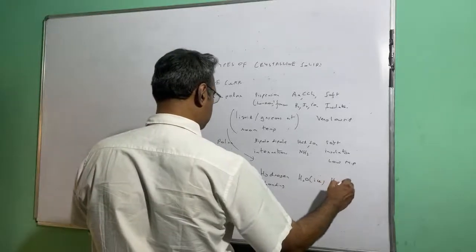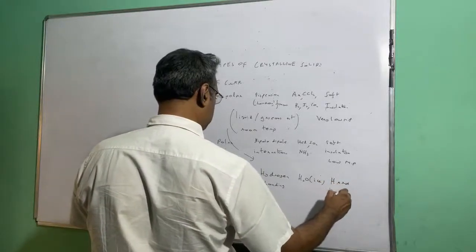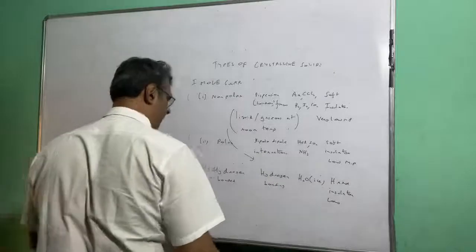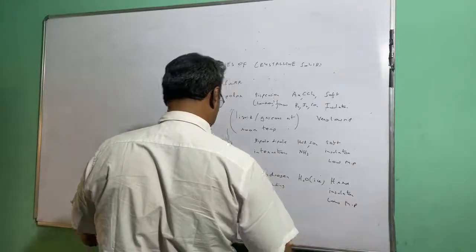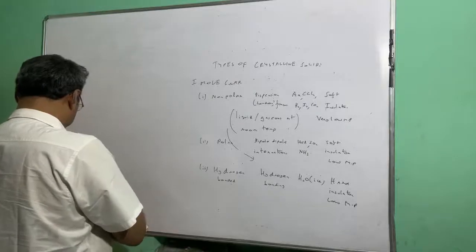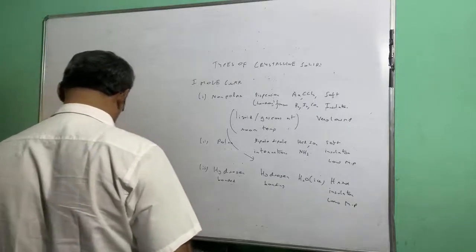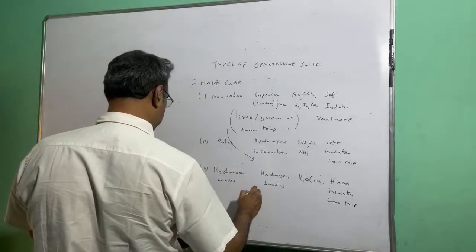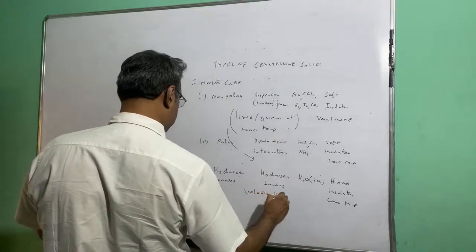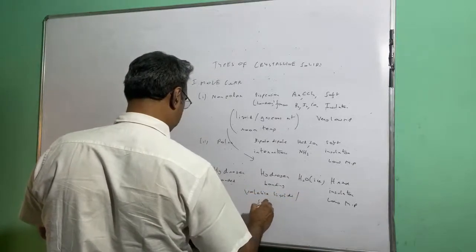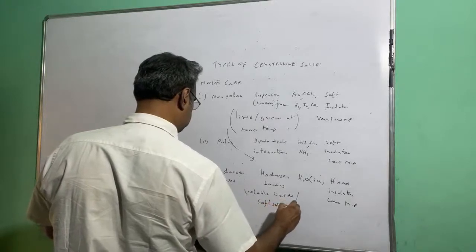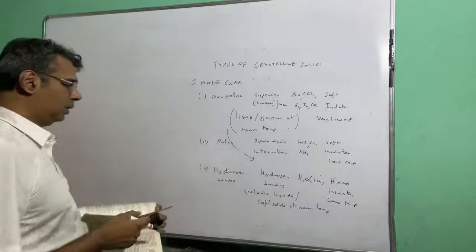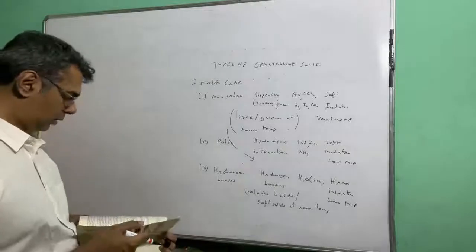Now they are not soft, they are comparatively hard. They are insulating, and they also have low melting point, right? At room temperature, generally, they are either volatile liquids or soft solids.